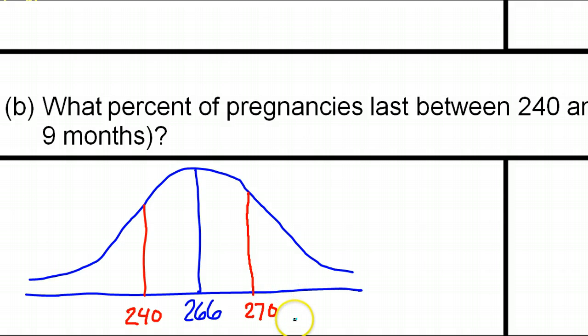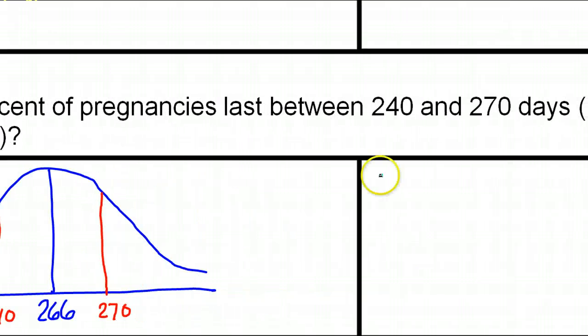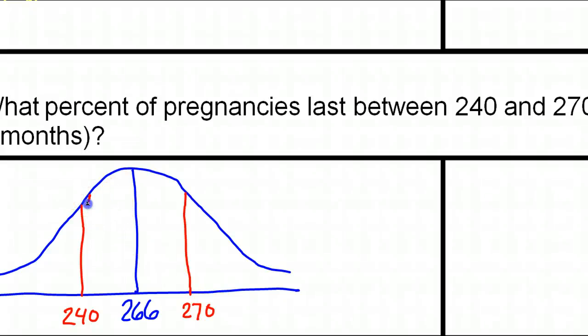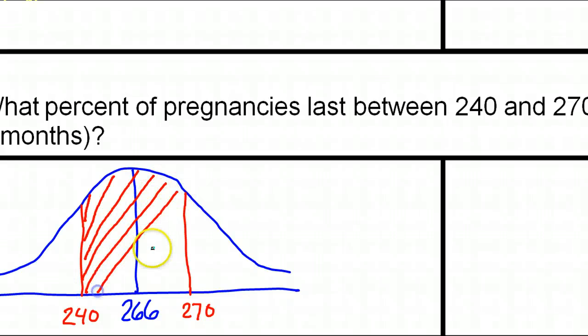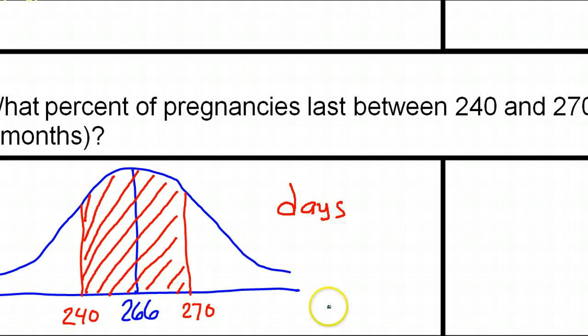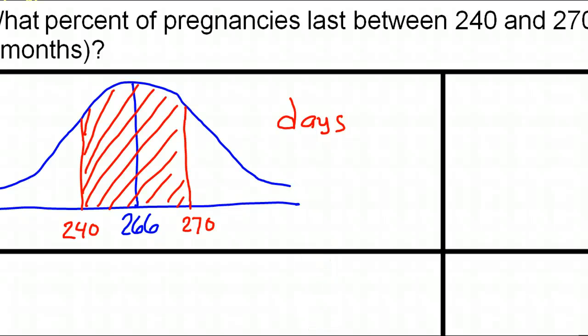If we want to know the percent of pregnancies that last between 240 and 270 days, then we are interested in the percent that is between these two values. So this is the area that you should be shading in, the area between these two numbers. The label is very important, so make sure you put days as a label of your graph here. So that's it for step 1.